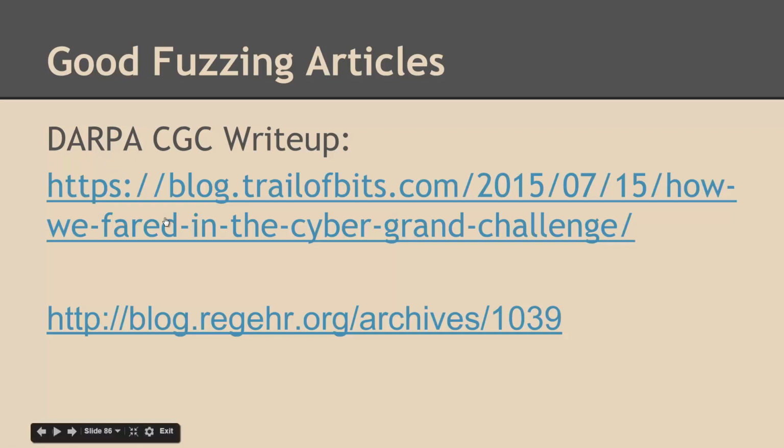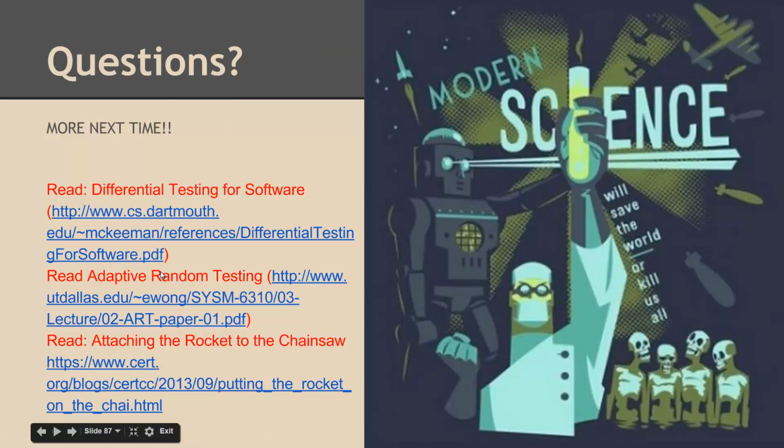Their write-up on how they designed their fuzzer and their vulnerability discovery platform is a very interesting piece, totally worth reading. The Embedded in Academia blog here is also on fuzzing. It's a good read too. We're going to cover more next time.